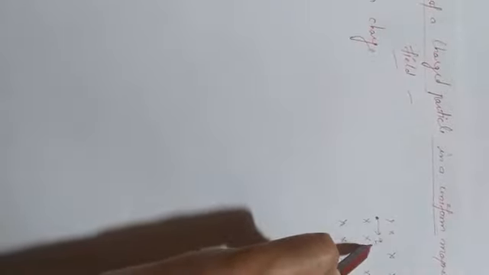Now here we are taking this cross sign, that is, the magnetic field is acting in the vertically downward direction, and inside this magnetic field one charged particle Q enters.